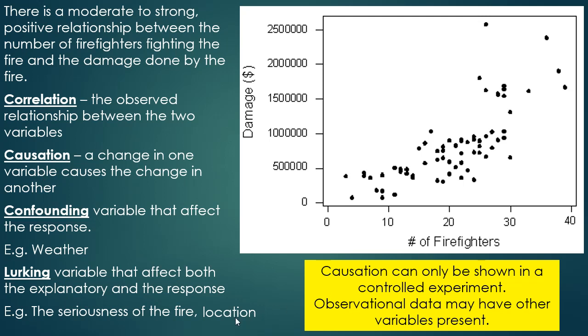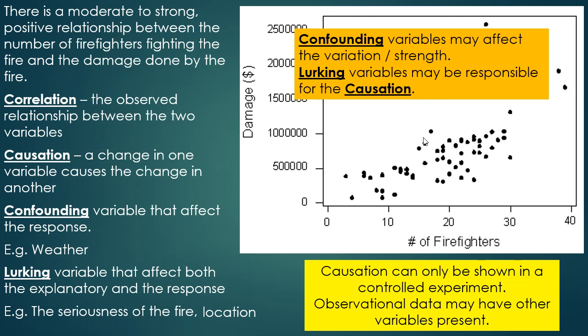I also thought maybe the location could be a lurking variable. So if the fire was in Auckland, for example, we can send lots of firefighters and the buildings are really close together, so it might cause lots of damage, as opposed to if it was a rural fire in the outback of Oamaru, maybe we just can't send as many firefighters there, and even if the fire was quite large, it wouldn't be doing very much damage.